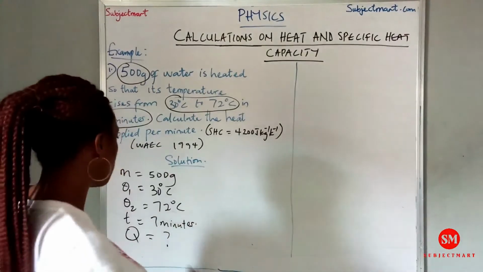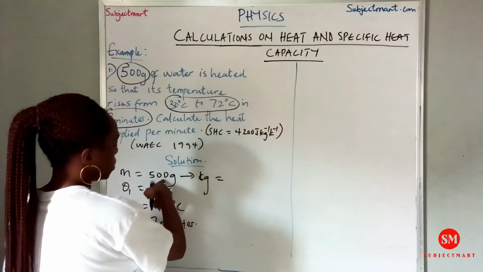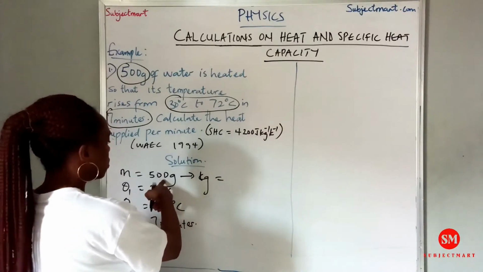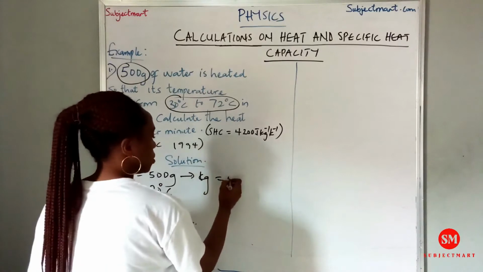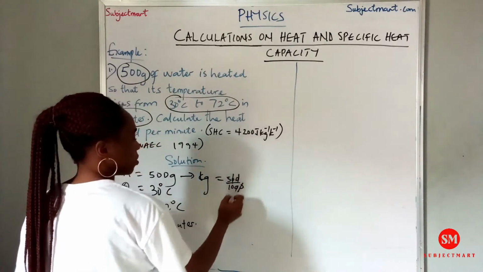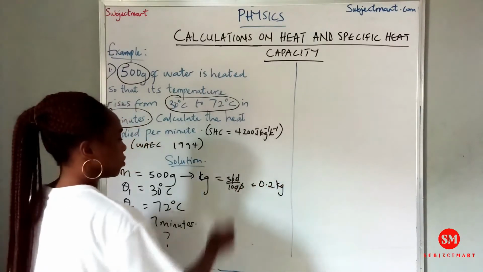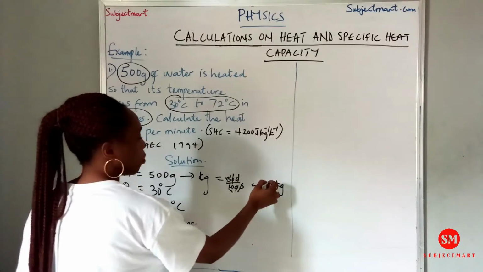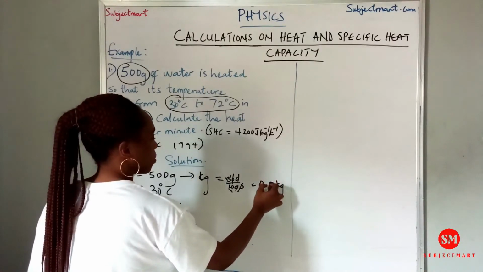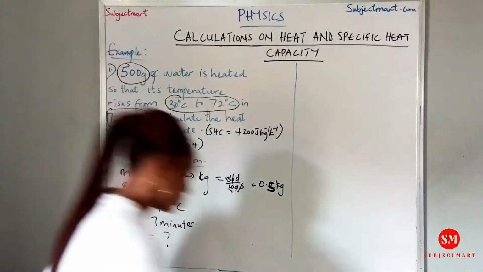But before we move on, we need to convert this to kilogram. That's 500 divided by 1000. This cancels this. So I have 0.5 kilogram. Sorry about that. 0.5 kilogram.